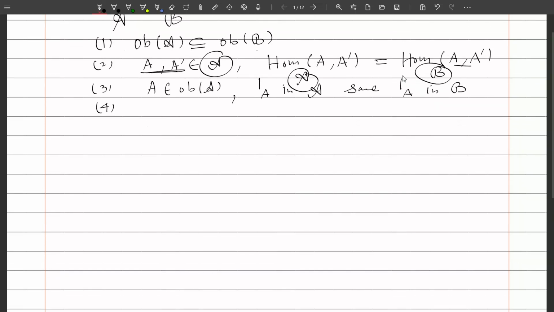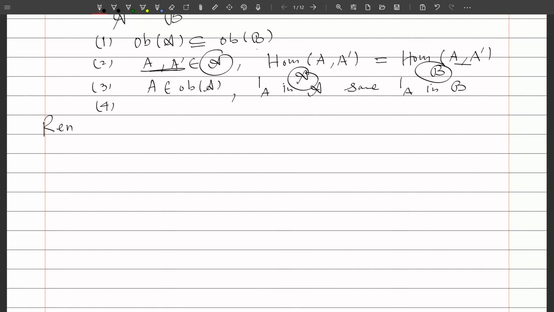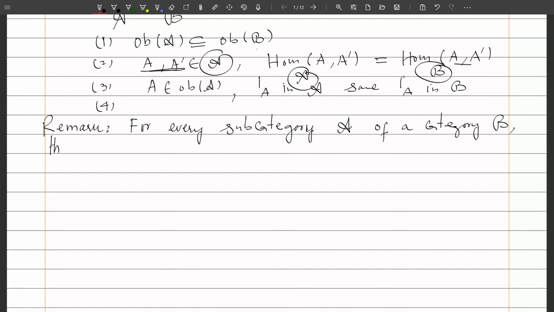Now we have a remark to make here. If we consider a subcategory A of a category B, then there is always an associated inclusion functor.